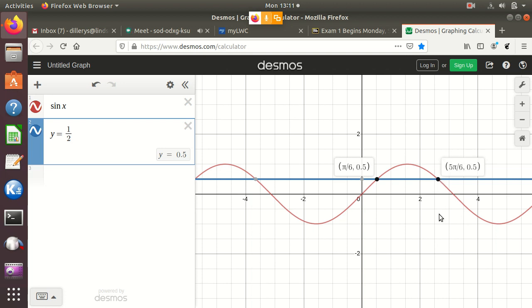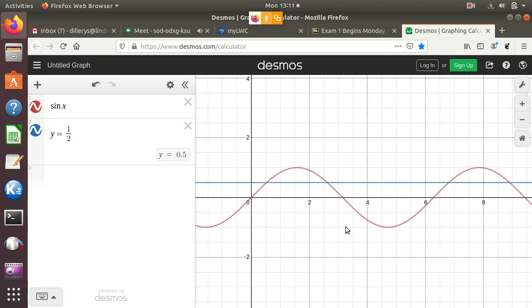And there's 5 pi over 6, and that is inside 2 pi, so I have 2 answers inside of 2 pi. The last one is 13 pi over 6, a little more than 2 pi. So I only have the 2 answers, pi over 6 and 5 pi over 6.